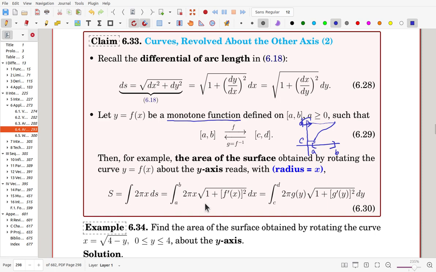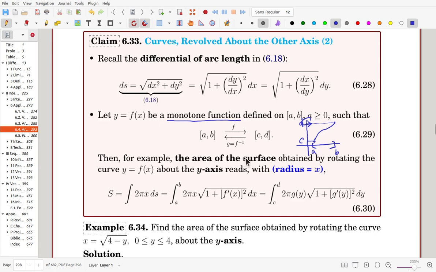Now ds can be written in the x-directional format with the curve scaling factor and dx, or in the y-directional format with dy. In that case, rather than x, we use g of y, the inverse of f. Here, g is the inverse of f. It's monotone, so you can get it by solving for x so that g can be determined.